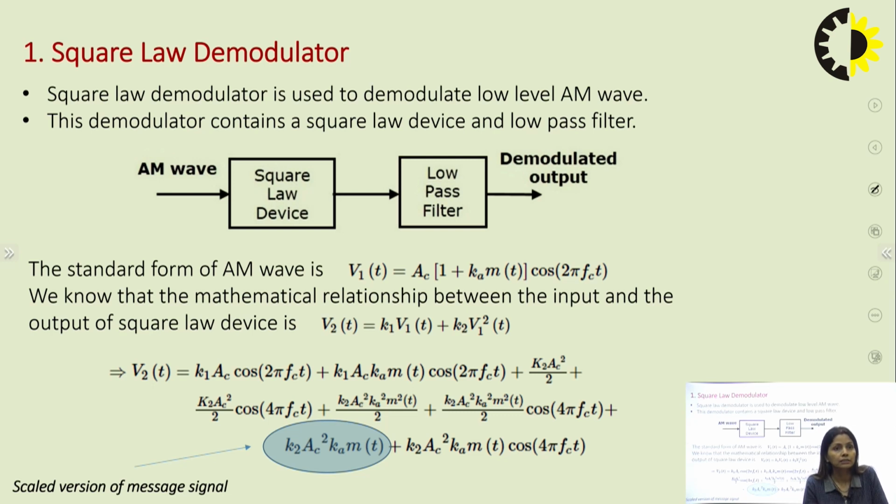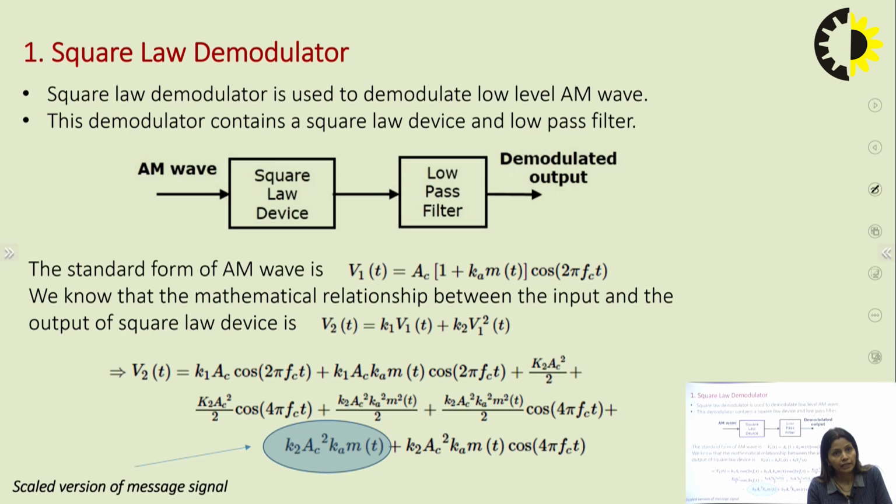So that's why I will employ a low pass filter at the demodulator circuit or at the receiver end. So the square law demodulator is used by the receiver circuit to extract the original signal.